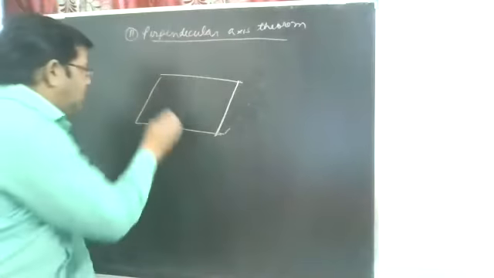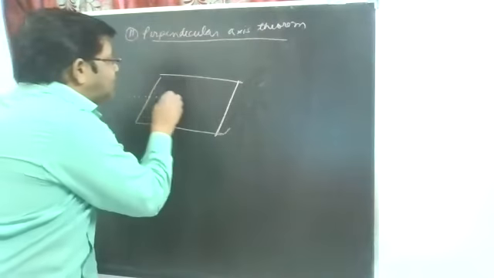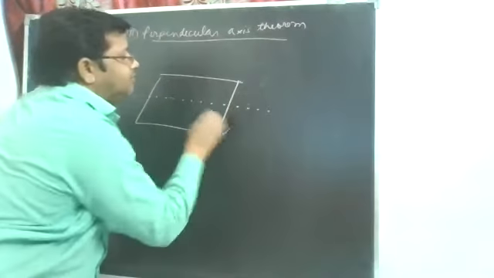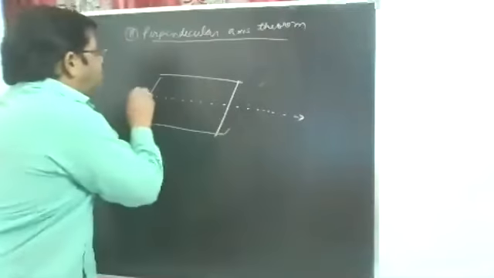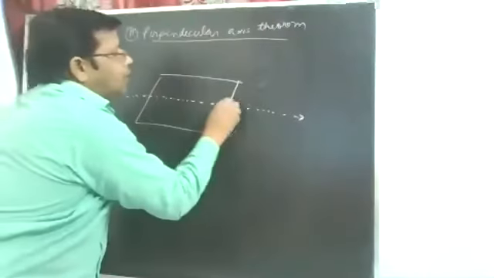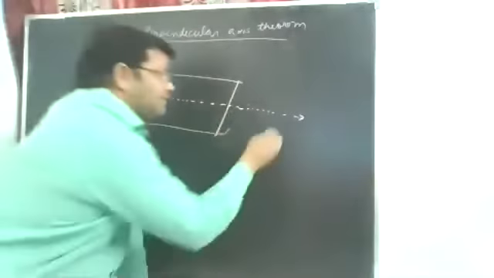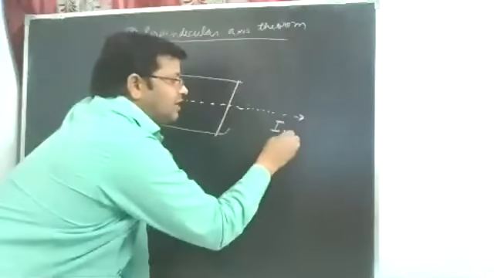Now, let this be the x-axis passing over the plane, and the moment of inertia of this body about the x-axis is Ix.